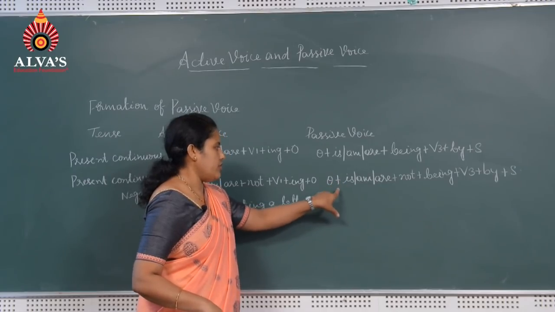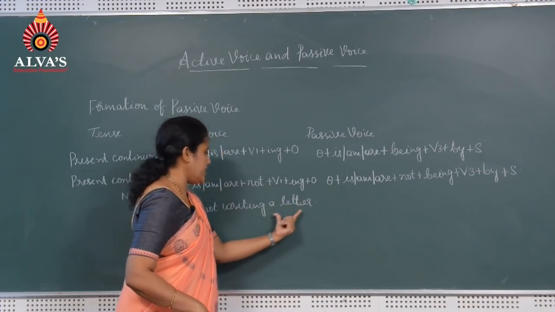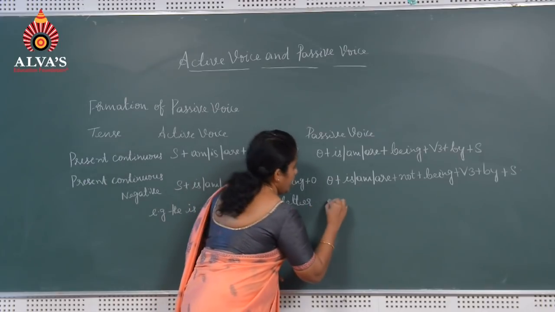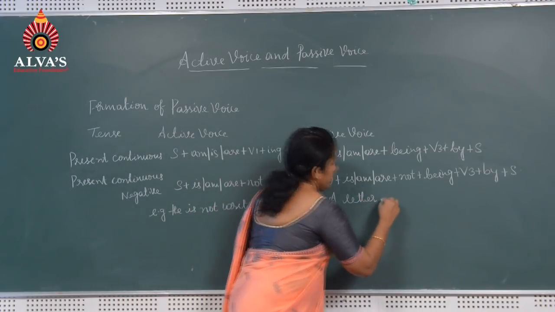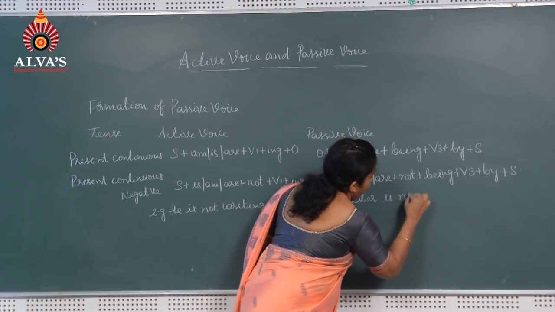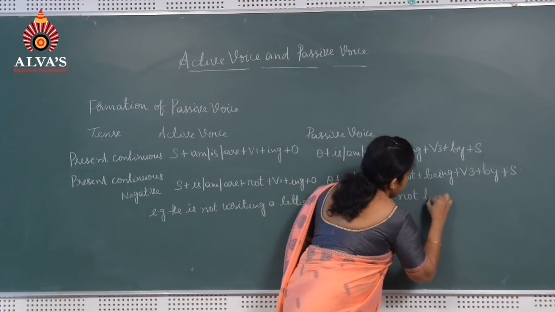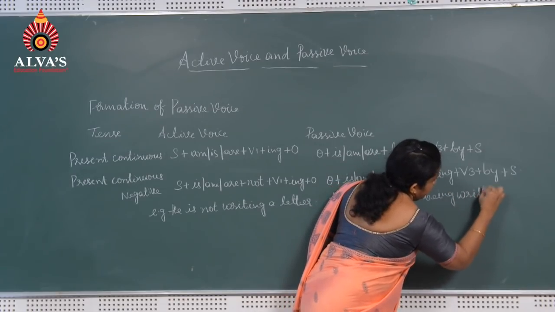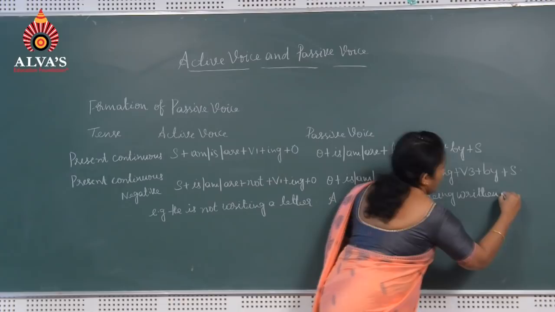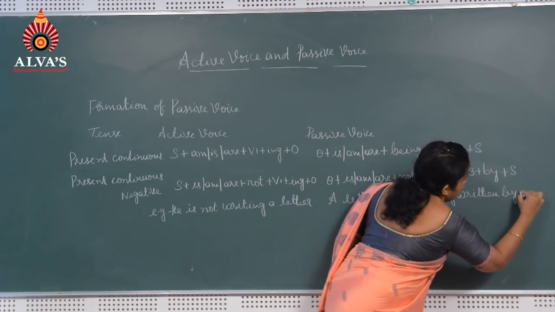First there should be the object, the object is a letter. So, we have to write a letter is not being written by him.